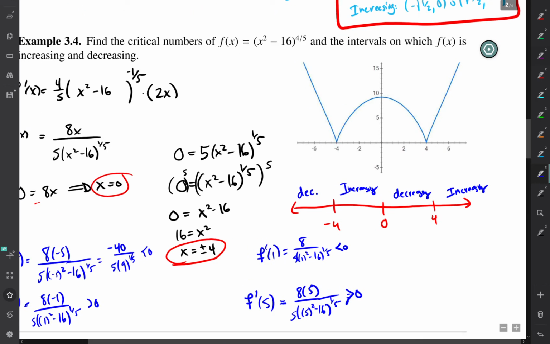To summarize, this function is increasing from negative 4 to 0, union 4 to infinity, and it's decreasing from negative infinity to negative 4, union 0 to 4.